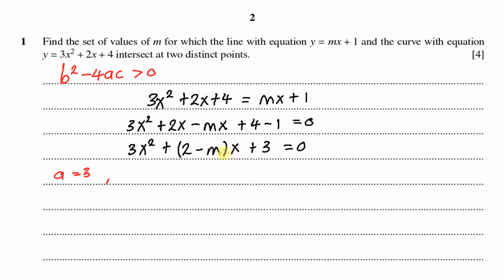B is the coefficient of x, so b is 2 minus m. And c is the constant, so c is equal to 3. So when I perform the discriminant, I'll be saying b squared, which is (2 minus m) squared, minus 4 of 3 of 3. And we say the discriminant should be greater than 0.